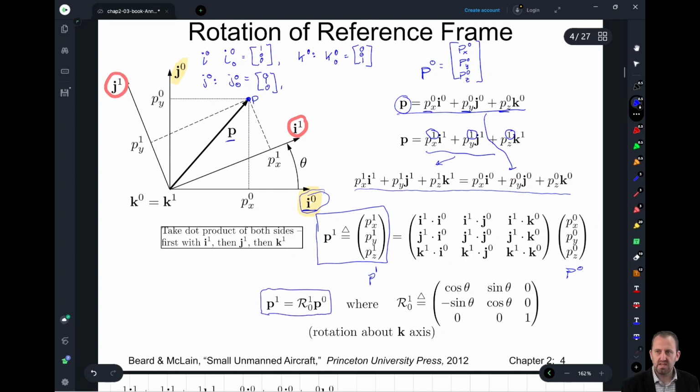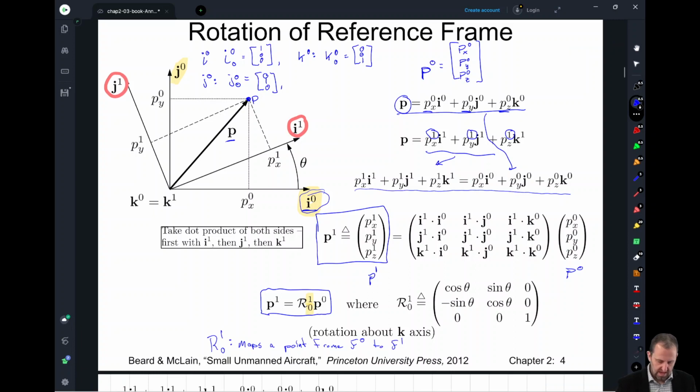So this rotation matrix, R, maps from frame 0 to frame 1. So if we write that out again, we're saying that R 0 1 maps a point from frame 0 to frame 1.